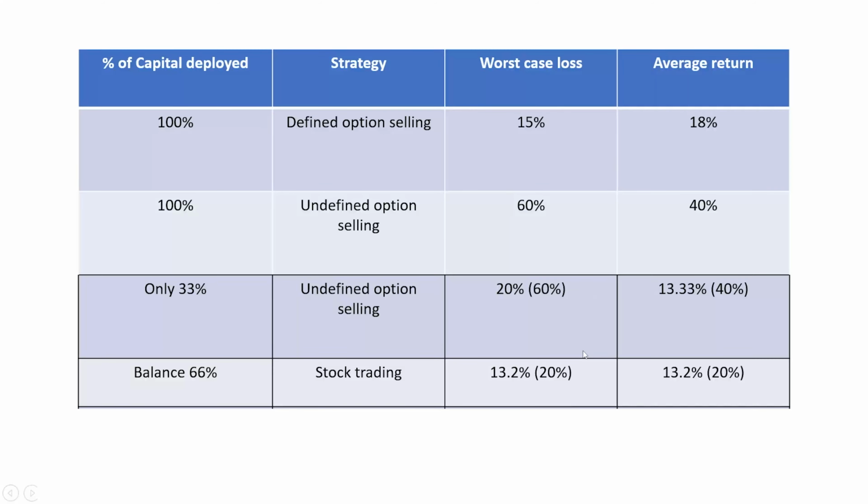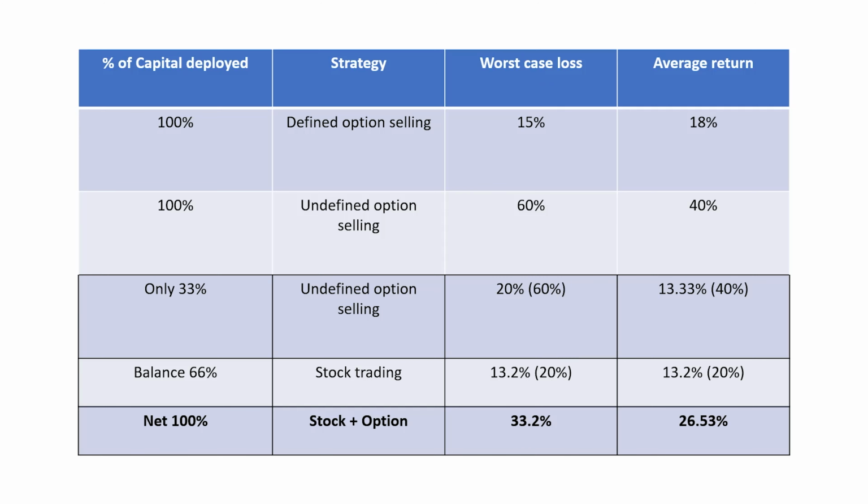The worst case loss will be 13.2%, considering 20% worst case loss for stock trading. So with a combined 100% of stock plus option, you will have a worst case loss of 33.2%, that is one third of your overall capital, and an average return of about 26.53%.